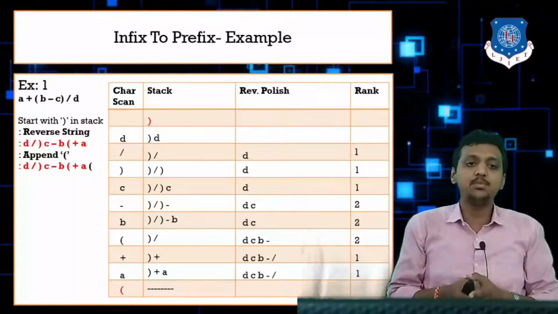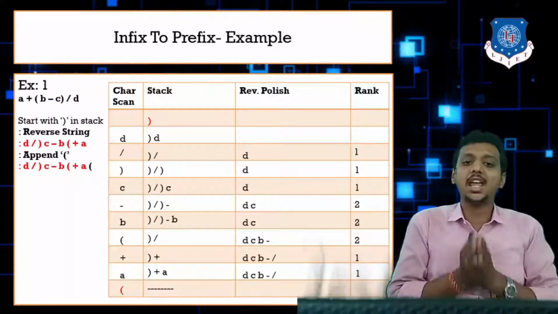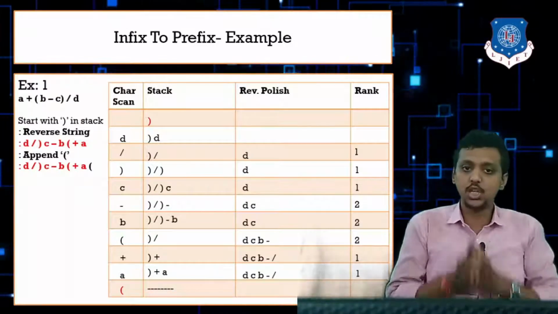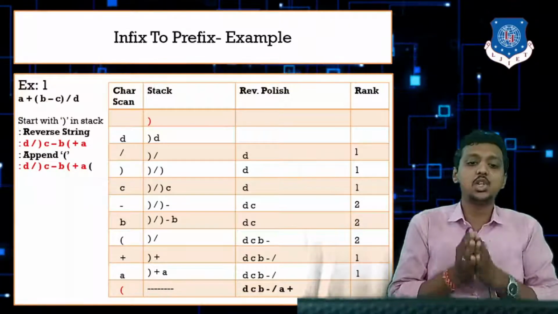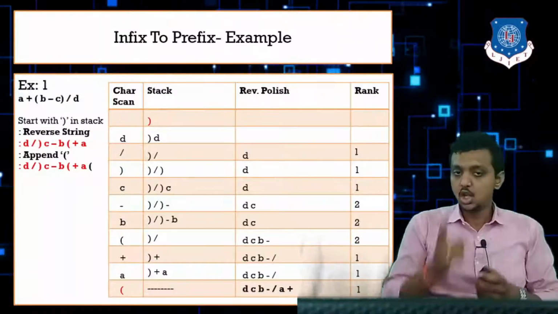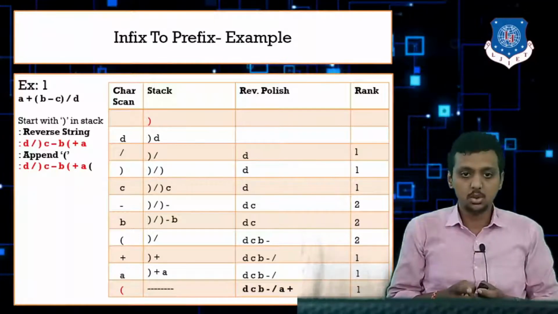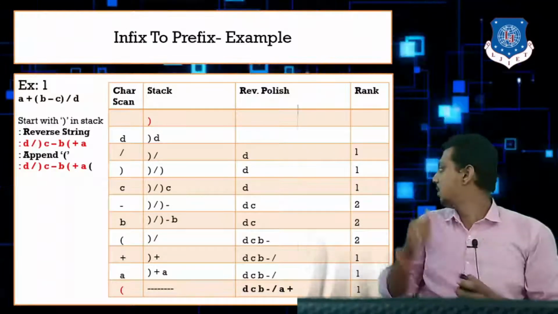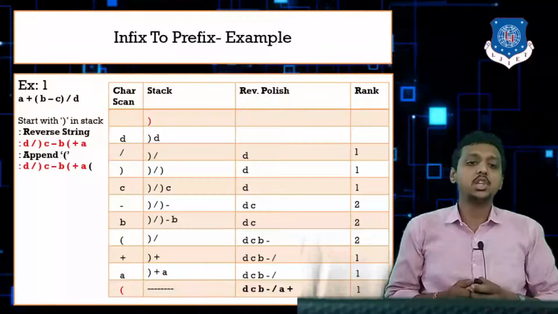All the characters before the closing bracket are popped from the stack and appended to the reverse polish string. So here is the final answer, students: DCB minus division A plus. And the last rank is 1. Always remember, rank should not be less than 1.